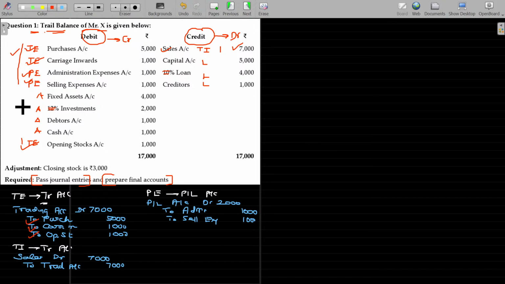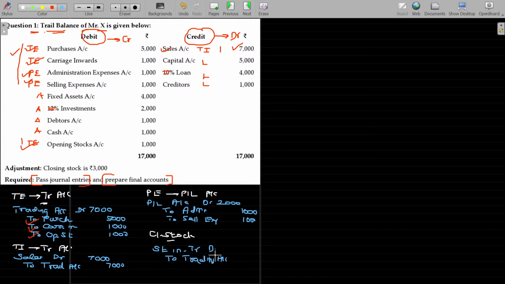So finally we have been given the closing stock also. For that we need to pass the entry. Closing stock is an asset. Asset should be debited always. So stock in trade account debit, and that will go to the trading account.